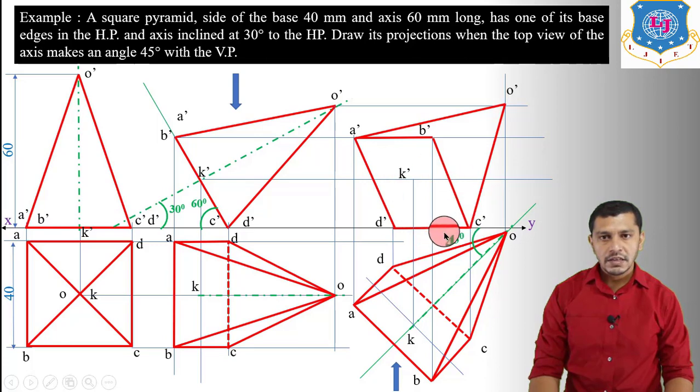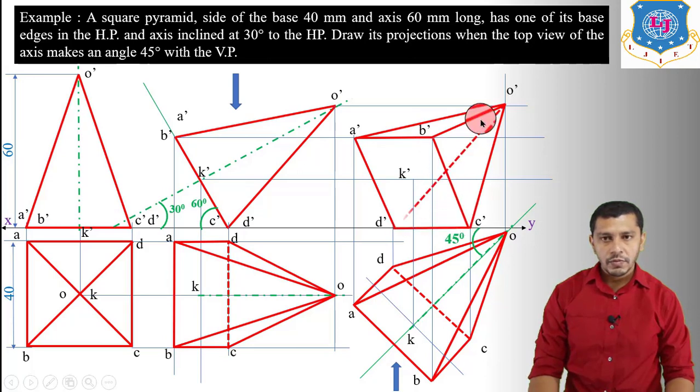Now the remaining edges are the slant edges OB and OD. So connect OB, which is going to be visible because there isn't any visible outline in between OB. Now we have to draw OD slant edge, and if we draw OD slant edge, it will intersect the visible outline over here, or visible edge BC.